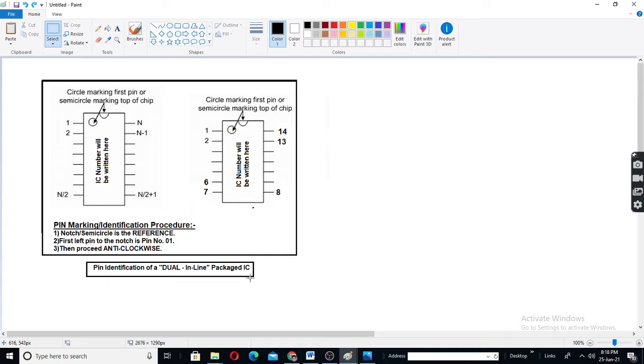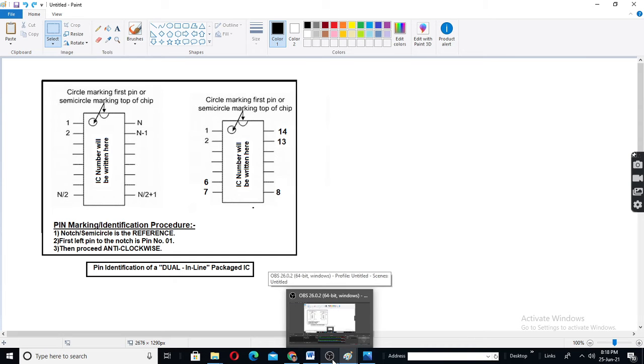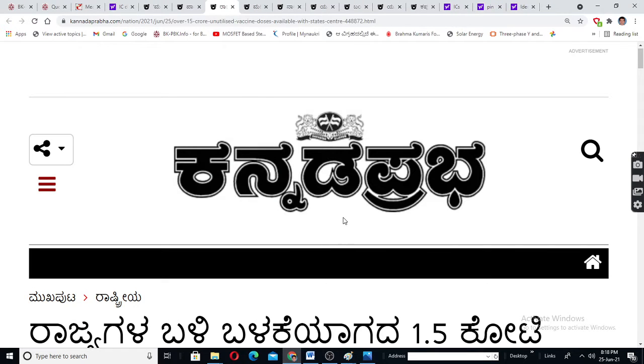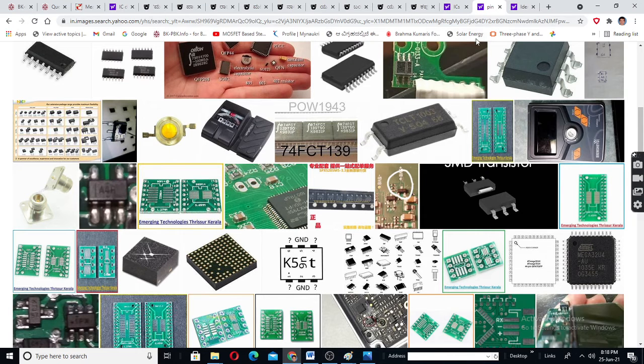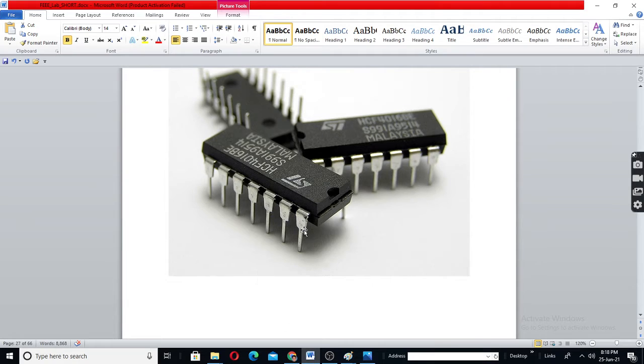Now, how to mark or identify the IC numbers, sorry, IC pins. See here, this is a 14 pin IC: 1, 2, 3, 4, 5, 6, 7, and 7 on the other side.